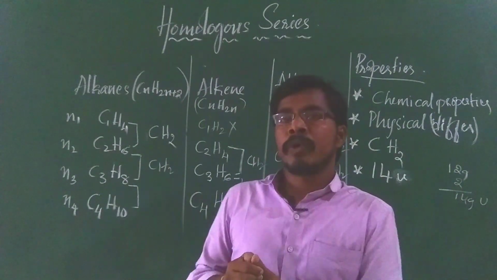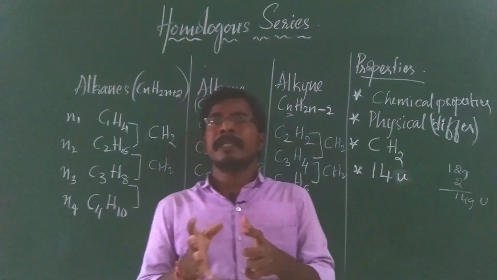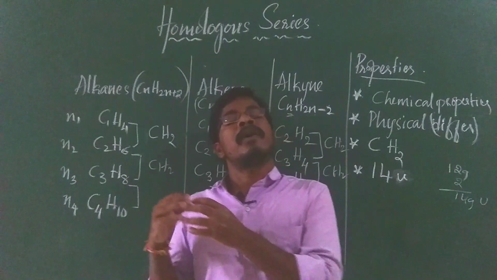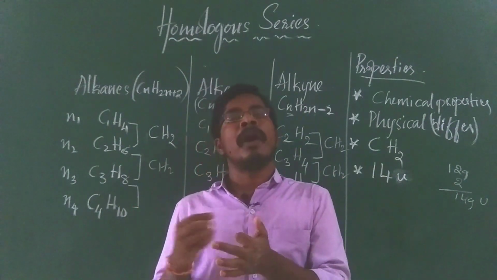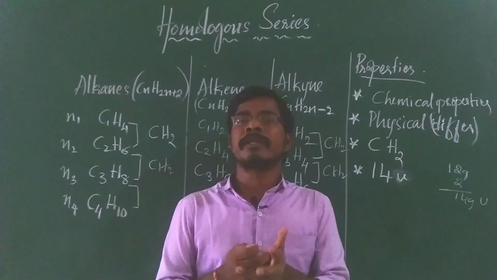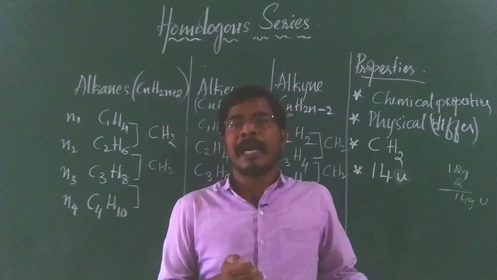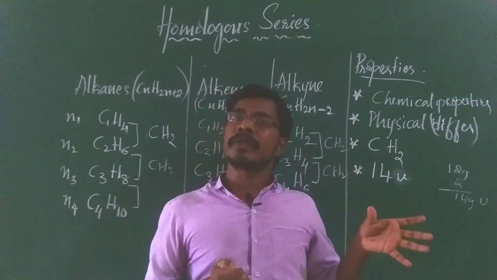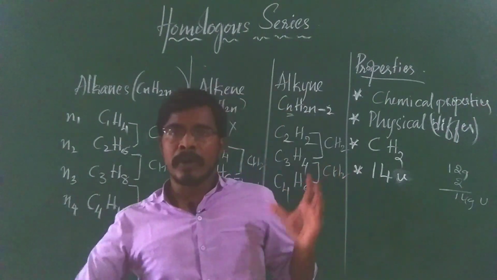Hope you understood about homologous series. Just try to write the different homologous series for ketone, aldehyde, alcohols, carboxylic acids, halogens, like the 5 functional groups I have explained, by using those general formulas.